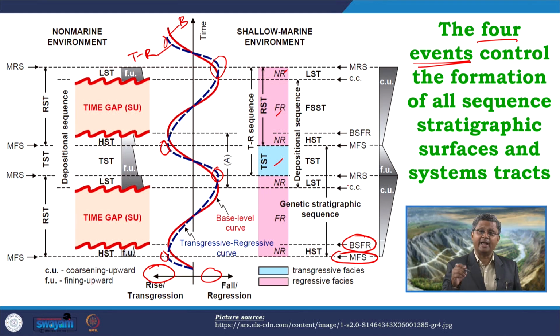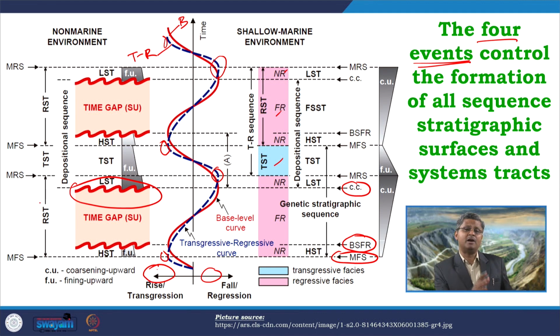Then comes the end of the forced regression, which is identified by correlative conformity in the marine part, in the basinal part, or an unconformity in the marginal marine part or in the fluvial part. Then we get the end of the regression and start of the transgression. So, it is the maximum regressive surface.